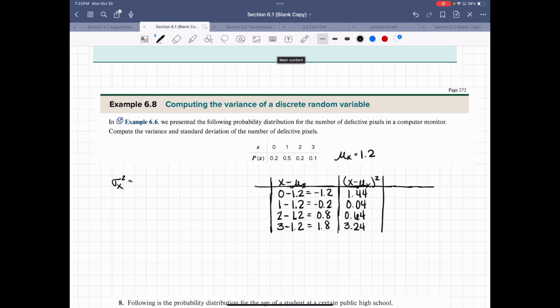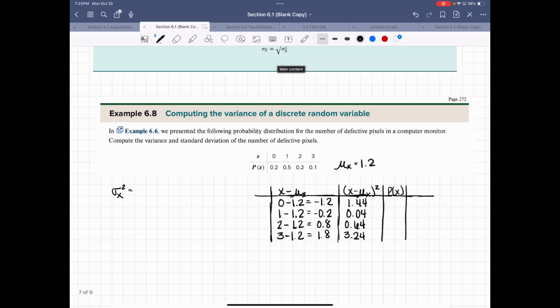Now what do I have to do before I can add? I've got to multiply them all times their p of x, right? Well, p of 0 was 0.2. P of 1 was 0.5. P of 2 was 0.2. And then p of 3 was 0.1.